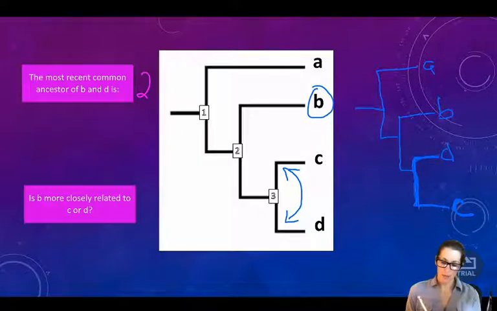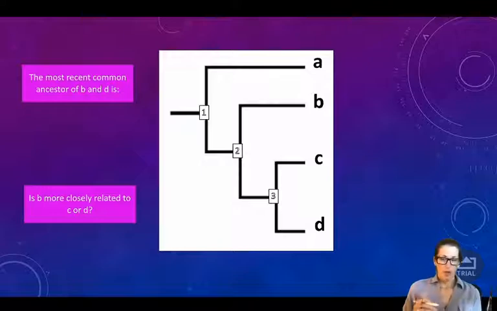We can't tell. We don't know if B is more closely related to C or D based on this tree. So hopefully you can see both of these trees are equally correct. All right. Those are reviewing some concepts that we talked about.